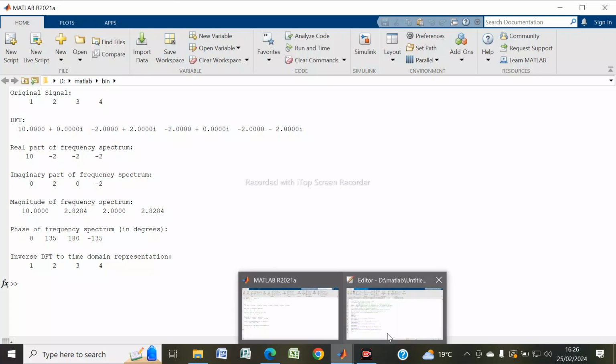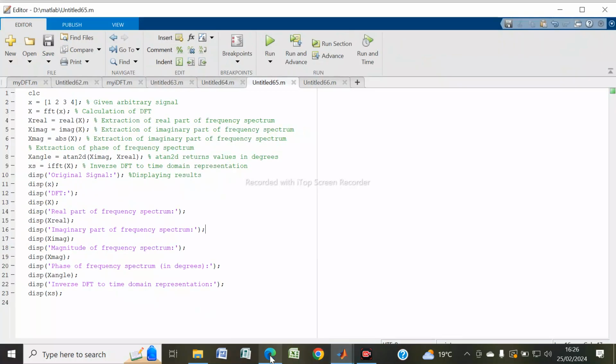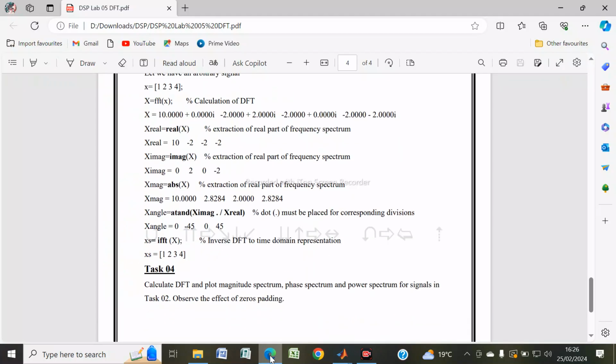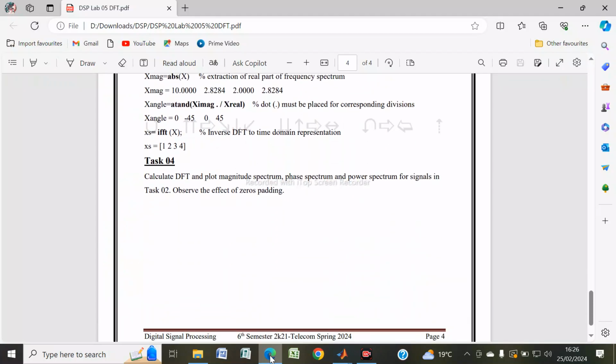As you can see the results clearly, and now moving towards our last task, in which we have to calculate the DFT and plot magnitude spectrum, phase spectrum and power spectrum for signals. In task 2, observe the effect of zero padding.